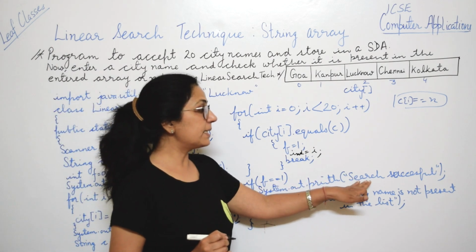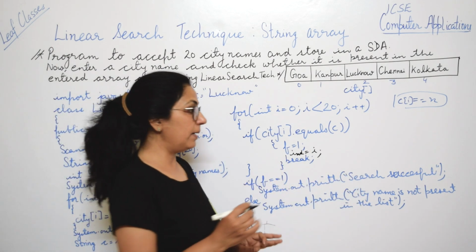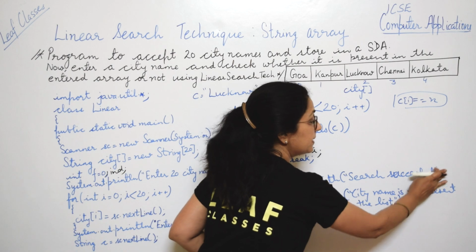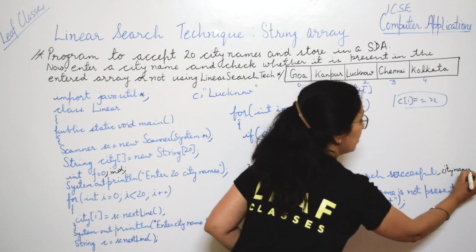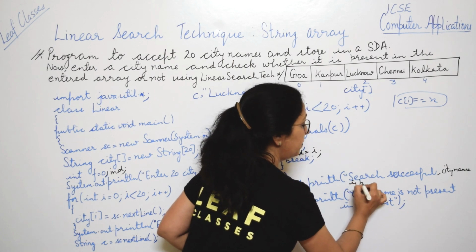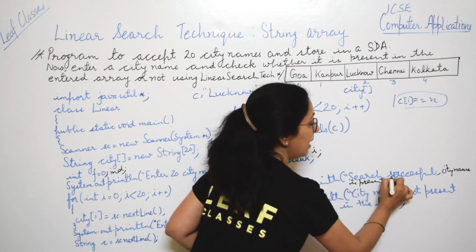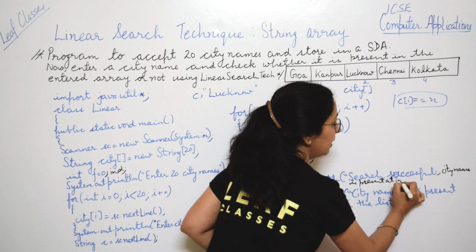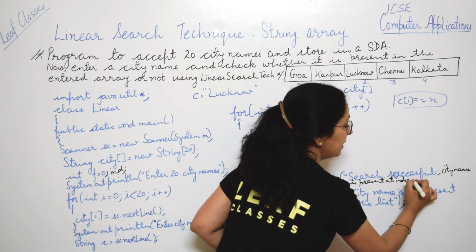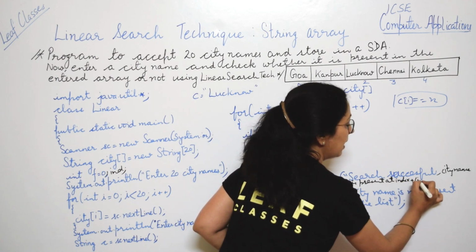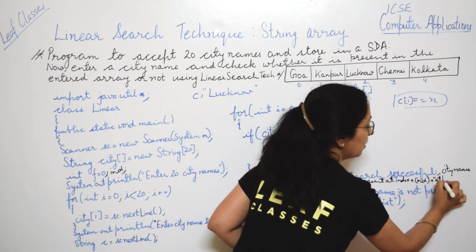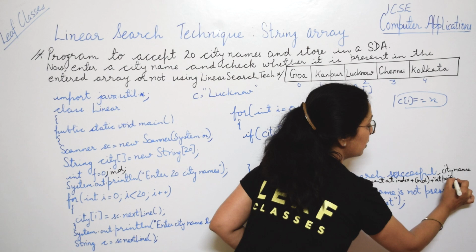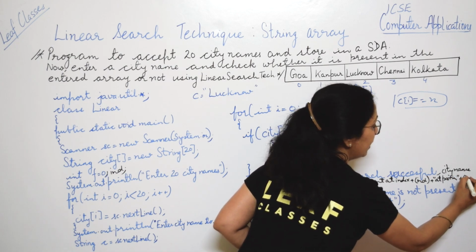And here only you can print: search successful, city name is present at index number int, at position int plus 1.